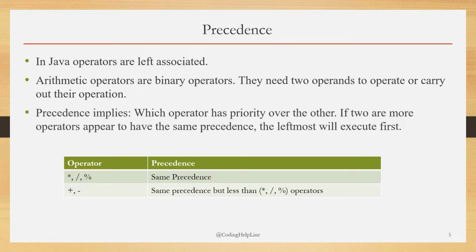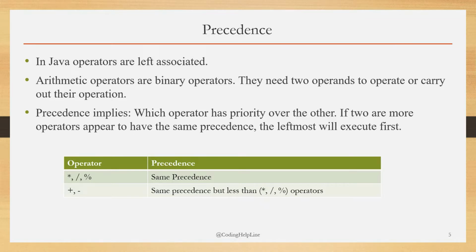Precedence implies which operator has priority over the other. If 2 or more operators that have the same precedence appear in a statement, then the leftmost will execute first, because these binary operators are left associated.